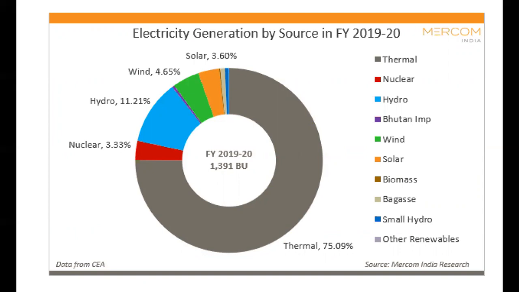So most of the energy is produced by thermal power plants, approximately 75%. In the present condition, solar produces only 3.6% and wind only 4.65%.